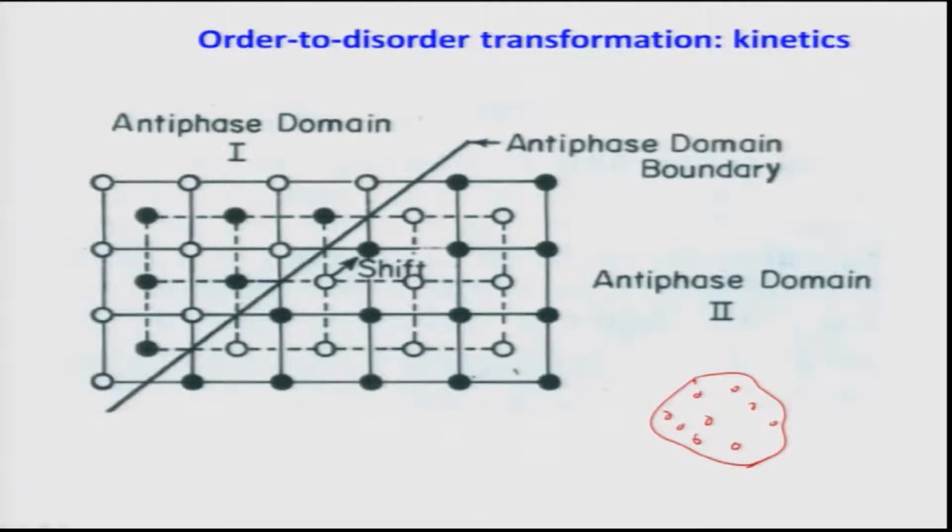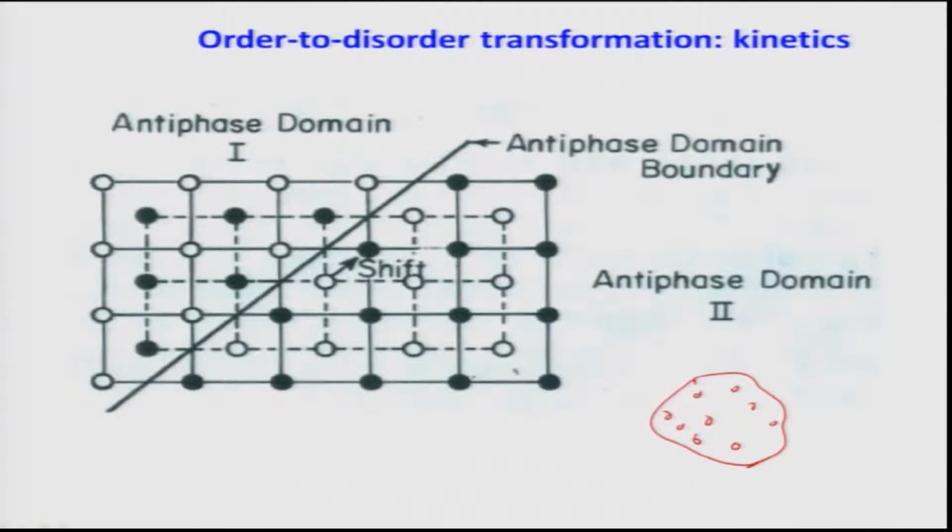So, if in one part of the grain the ordered crystal was going with such an arrangement, and in another part of the grain it was going the other way, that is, the corner atoms are occupied by gold and the face center positions by copper in one, while in the other the face center atoms are occupied by gold and the corner atoms by copper, and they grow and meet, a boundary will form.